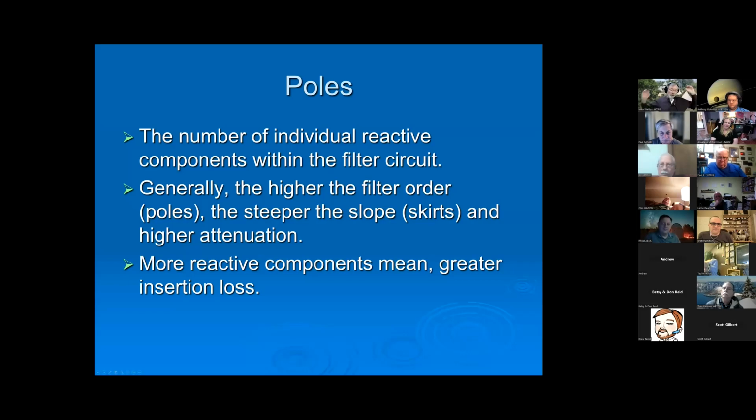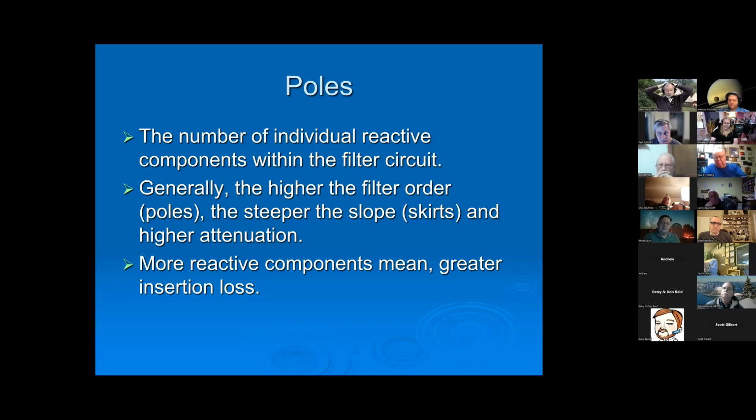Okay, so just about to the end of this, talking about poles. The number of individual active components within the filter, and it's usually a pair of them. It's usually a capacitor and a coil. That represents one filter unit, and that's generally referred to as a pole. Generally, the higher the filter order or the number of poles, the steeper the slopes of the skirts will be.